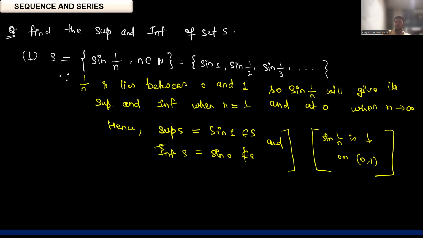Here it gives the supremum at 1 and the infimum at 0 when n tends to infinity. So the supremum of S, which is equal to sine 1, belongs to S. Now the infimum is 0, so it does not belong to S. So sine 1 by n is monotonically decreasing on 0 comma 1.